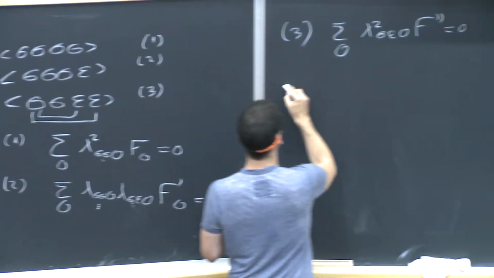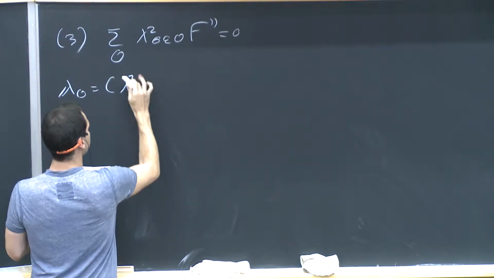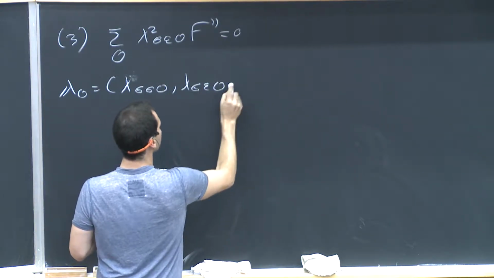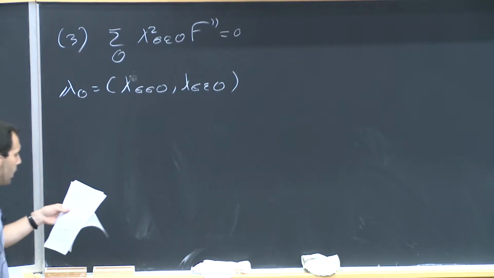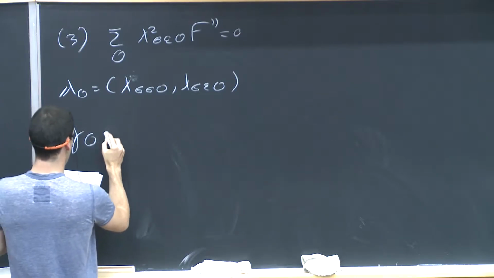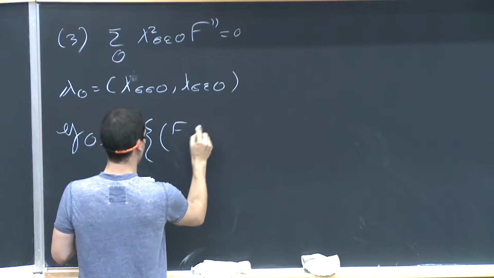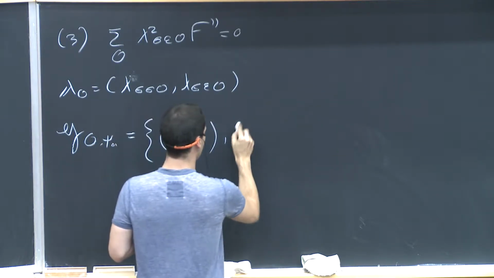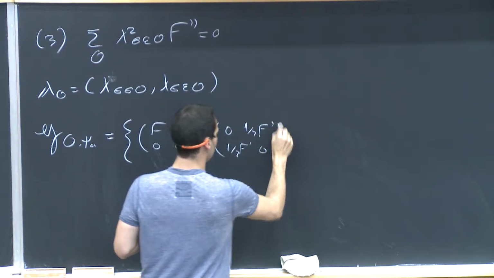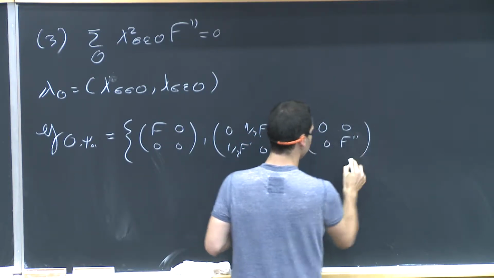Well, I would write lambda O is lambda sigma sigma O, lambda sigma epsilon O. And then this G is just going to be a vector of matrices: F, 0, 0, 1 half F prime, and whatever, 0, 0, 0, F prime prime.